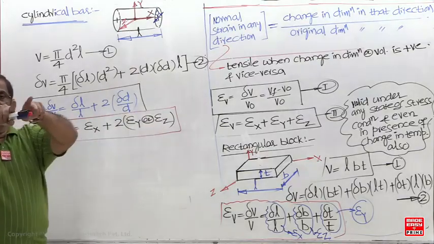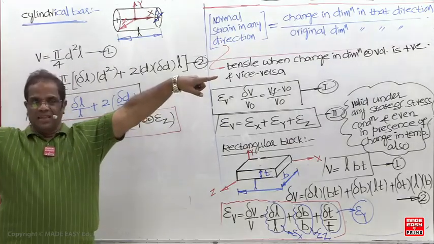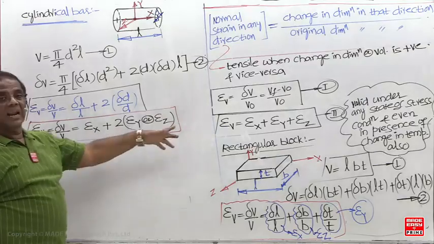If this bar is going to be pulled, only the axial load gives the longitudinal strain. These two are the lateral strains.